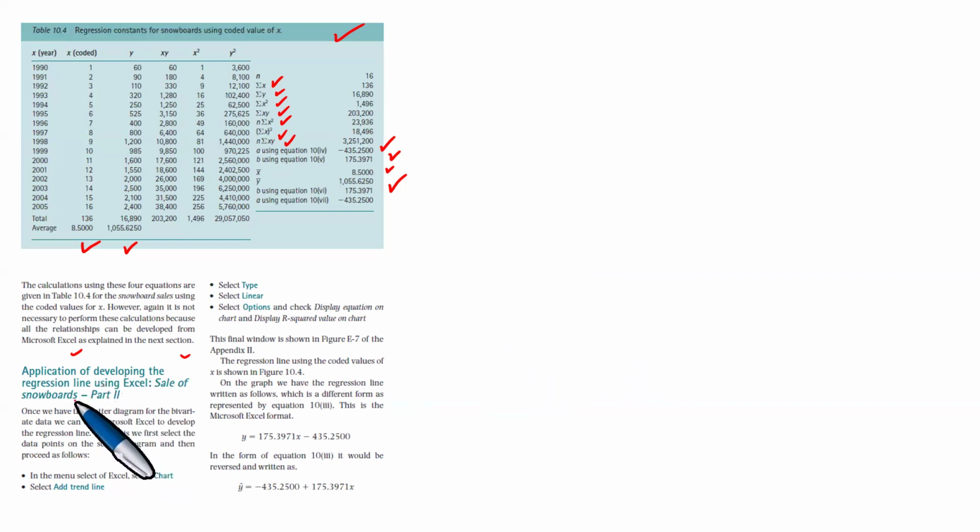The application of developing the regression line using Excel, sale of snowboards, part 2. Once we have the scatter diagram for the bivariate data, we can use Microsoft Excel to develop the regression line. To do this, we first select the data points on the scatter diagram and then proceed as follows. In the menu of Excel, select chart, select add trendline, and select options and whatnot.